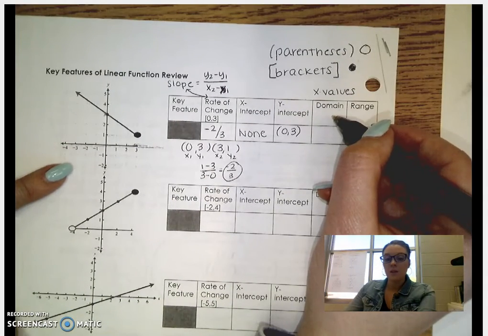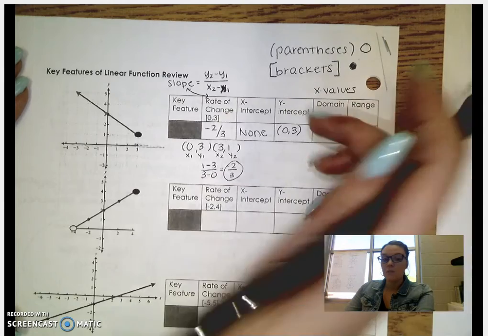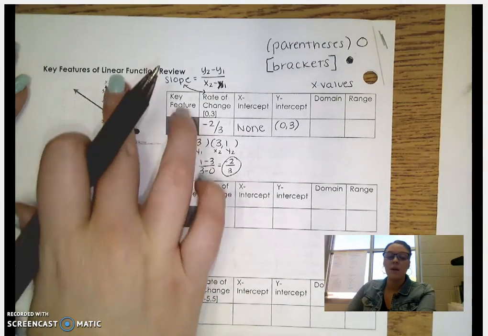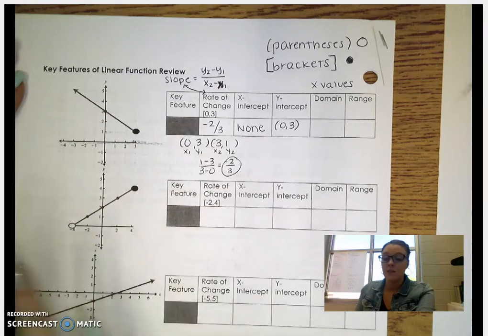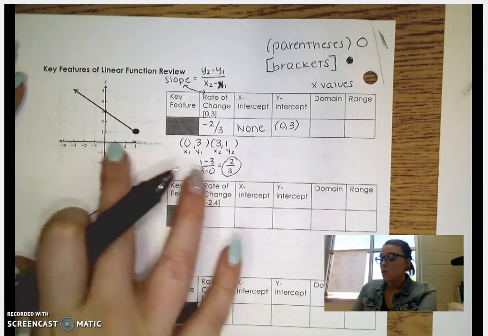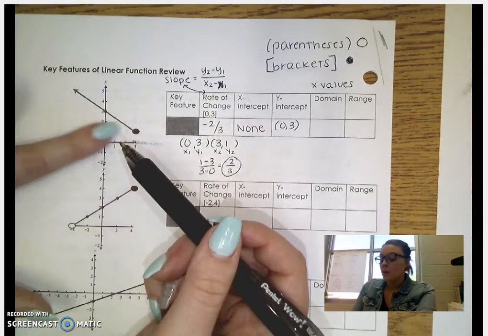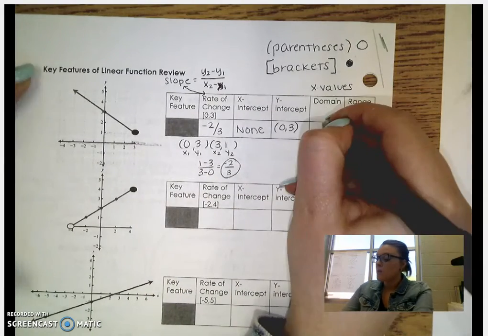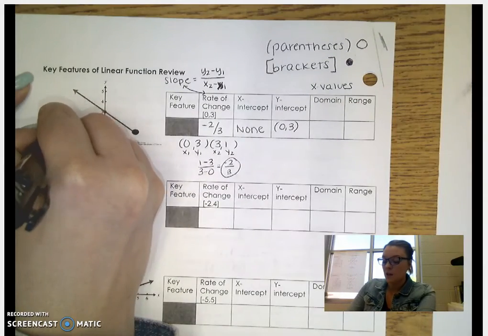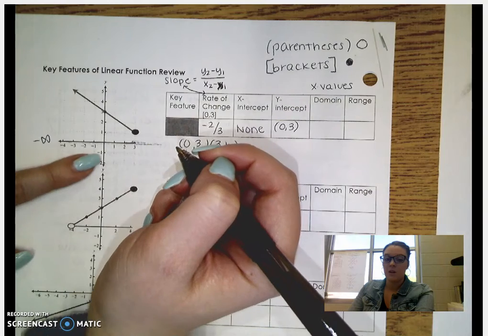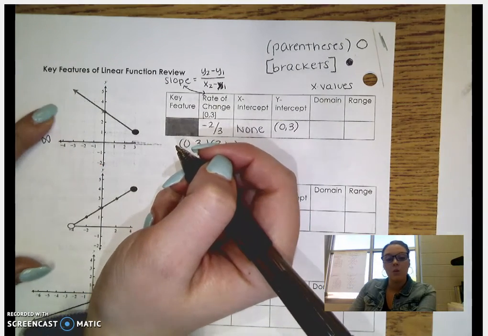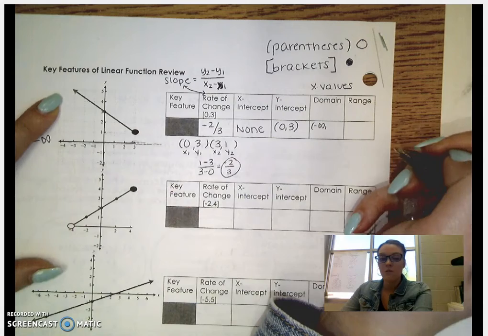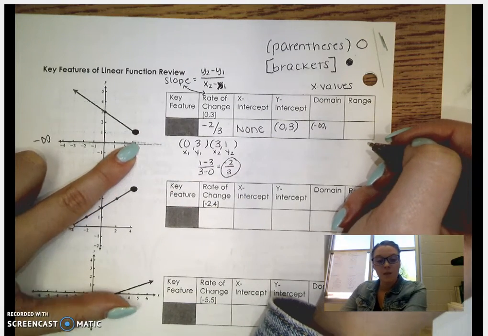So if I'm looking at the domain, domain is my x value, so I'm really focusing on this x-axis. I'm not paying attention to the y-axis at all. It doesn't mean anything to me. This graph continues forever in the left-hand direction. Our left-hand direction takes us to negative infinity. So because I am going towards negative infinity, my domain is negative infinity, and it stops right here at 3.